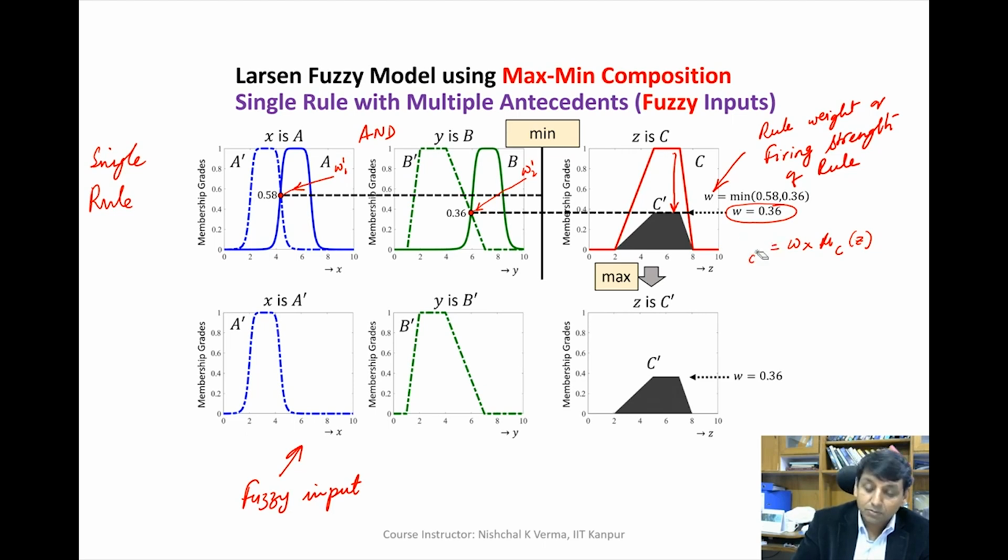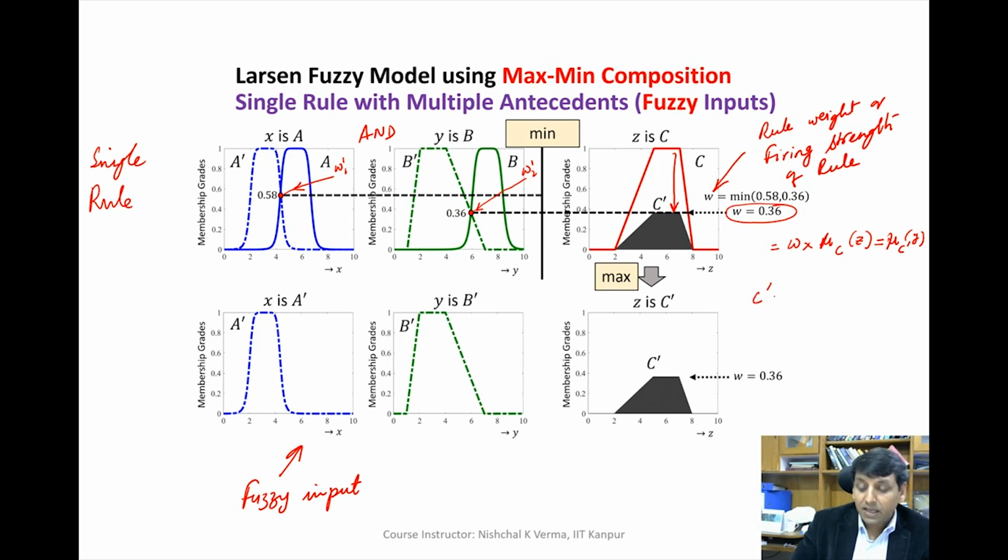I can write here mu C dash of z. So this is how we get mu C dash, and then from here we can write the C.